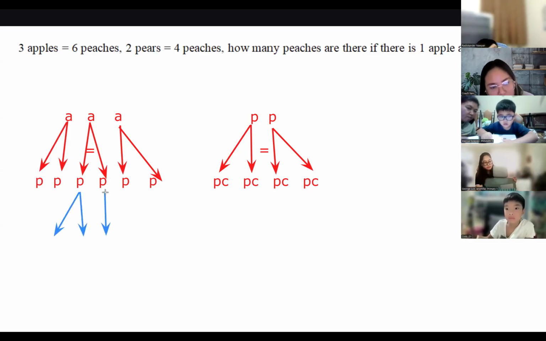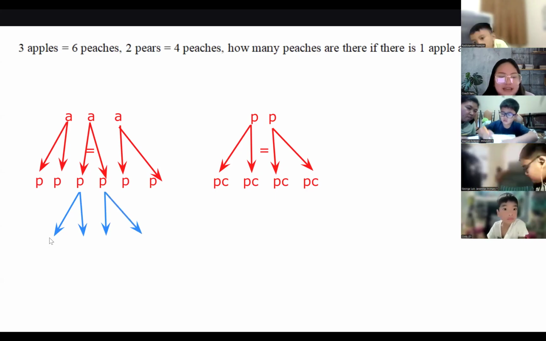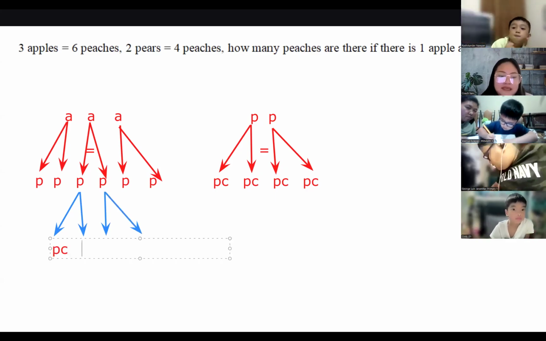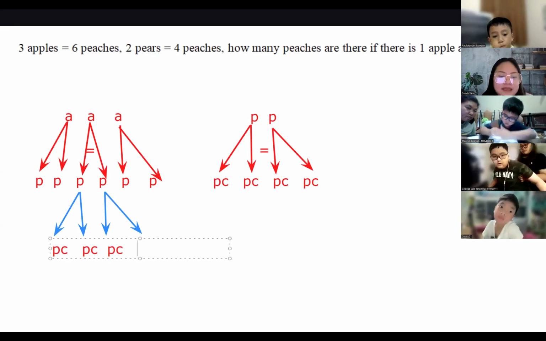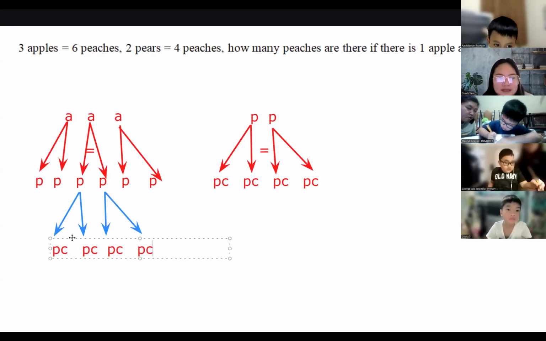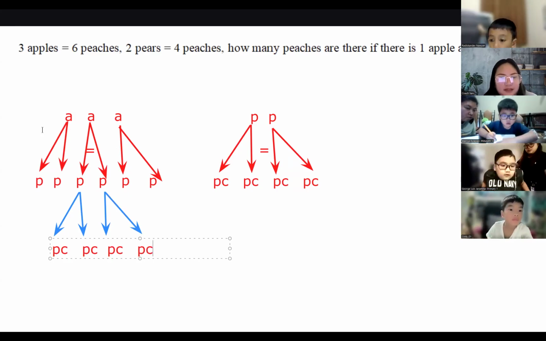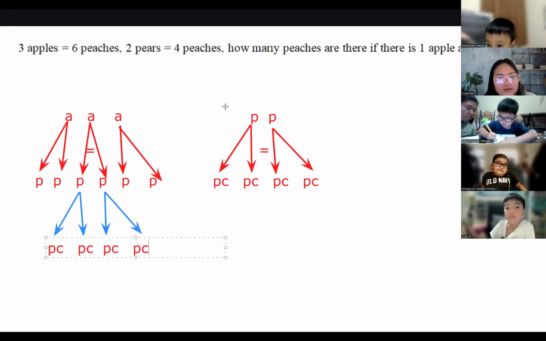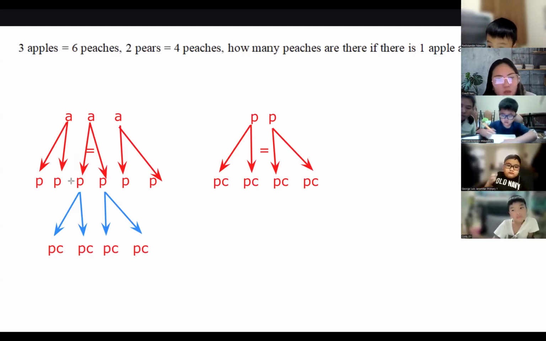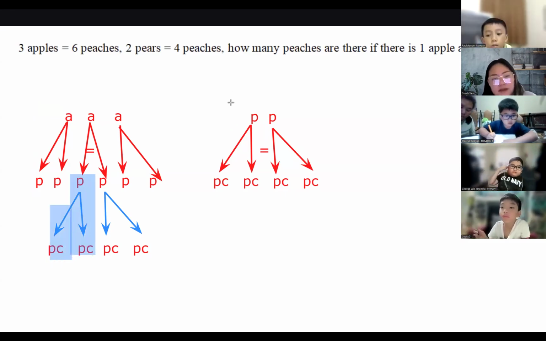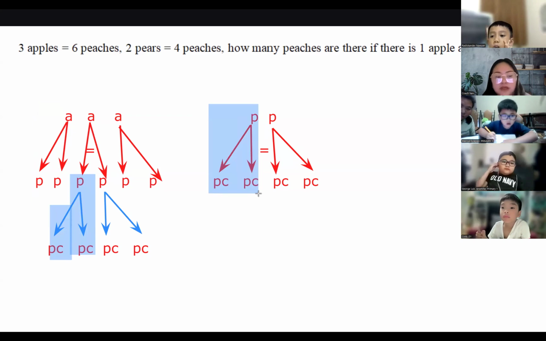Do you understand the diagram so far? PC, PC, PC, and PC. It's just the same, right? One pear is equal to two peaches. Same here as well. Okay?